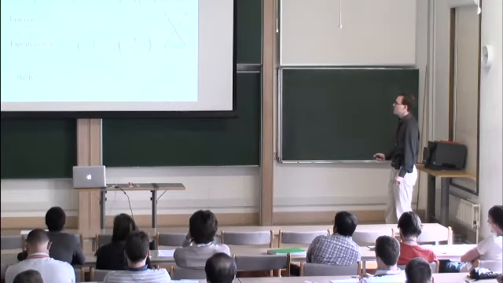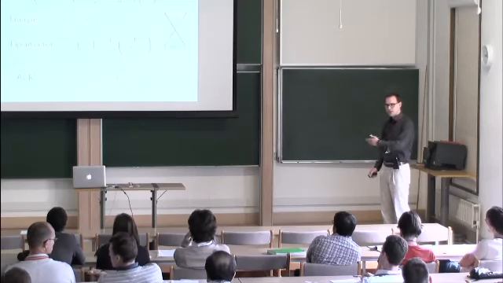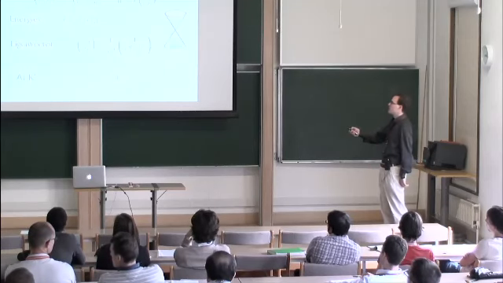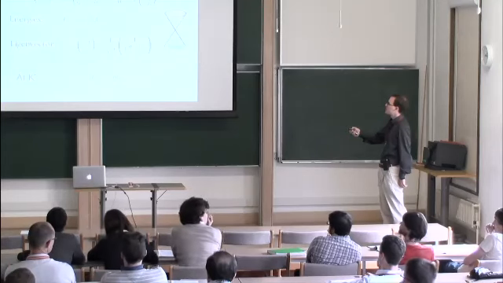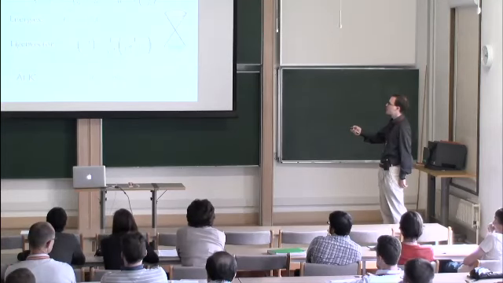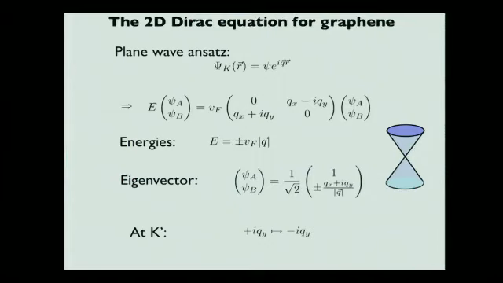Okay. So now just to check whether everything is all right, we want to quickly diagonalize this Hamiltonian. We go into the equations with a plane wave ansatz, that is psi, which is a spinor, times e to the i q r. q now is supposed to denote the difference in wave number to the K point. So this is a very small wave number in magnitude.